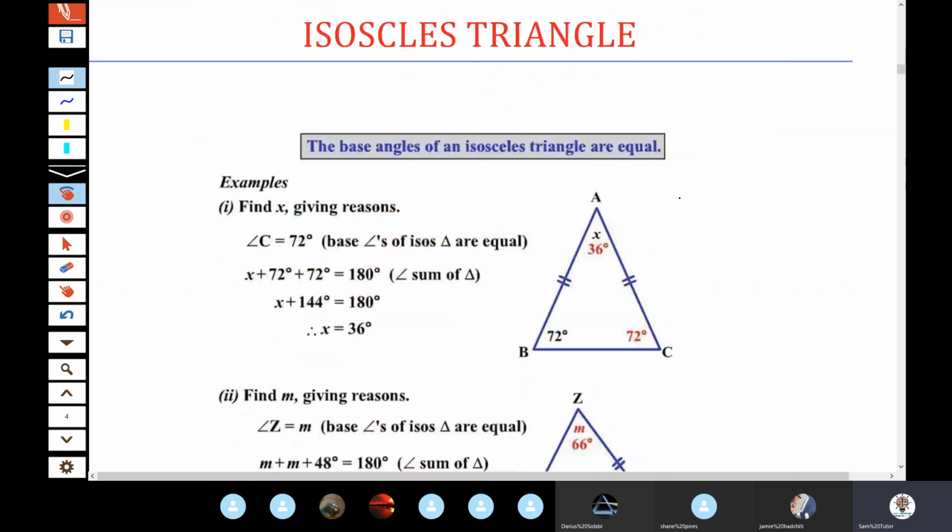Isosceles triangles, or triangles in general. With isosceles triangles, we know that 2 sides are equal, which also means 2 base angles are equal. You have to know that the angles of a triangle add up to 180 degrees.